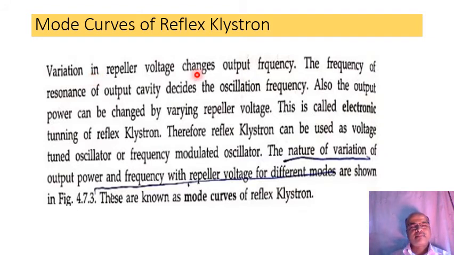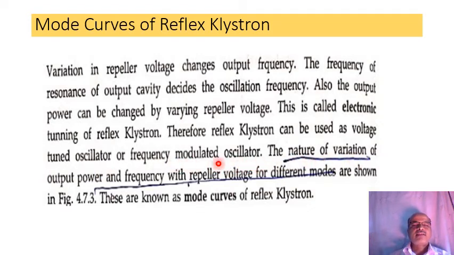As we vary the repeller voltage, there is a change in the output frequency. The resonance frequency of the output cavity decides the oscillation frequency. Also, the output power can be changed by varying the repeller voltage. This is called electronic tuning of a reflex klystron. Therefore, the reflex klystron can be used as a voltage tuned oscillator or frequency modulated oscillator.